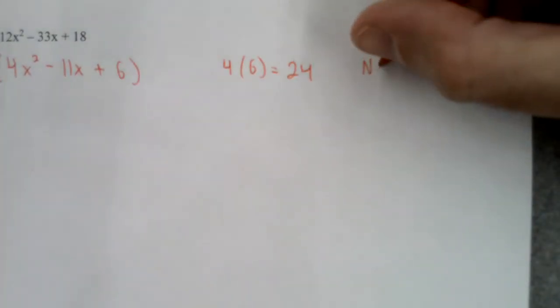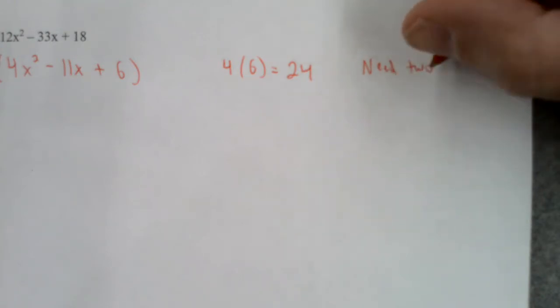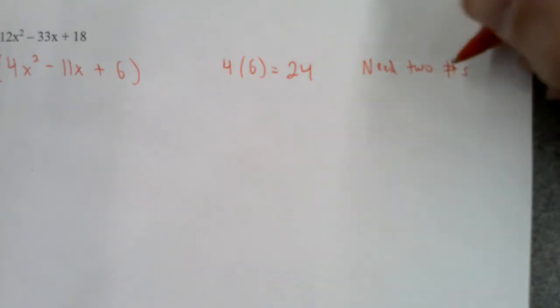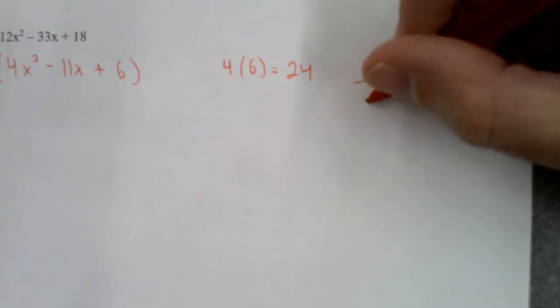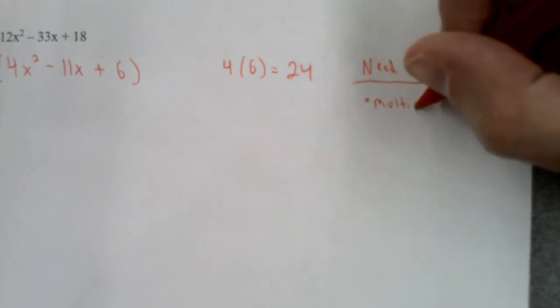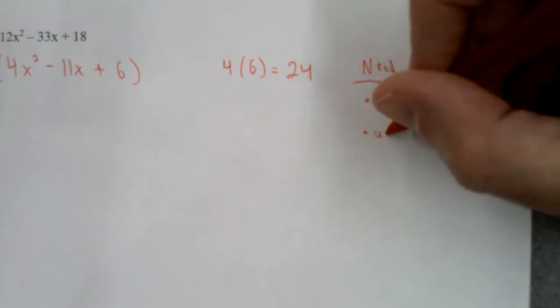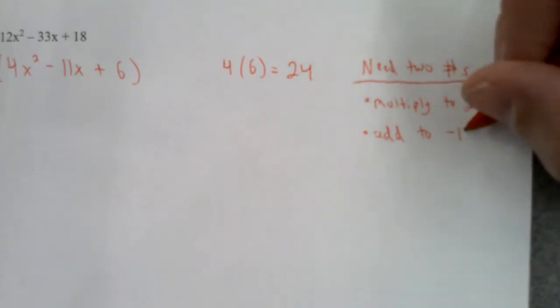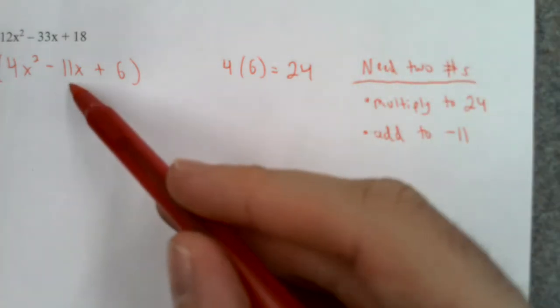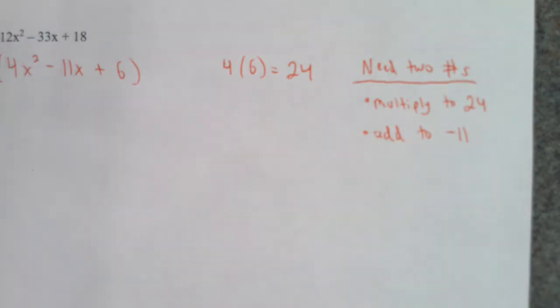Now you need to find two numbers that multiply to that 24. I just always like to write this down off to the side. They have to multiply to the 24 we just got, and they have to add to negative 11. I got that negative 11 from right here. So the pair that you want is going to be negative 8 and negative 3.